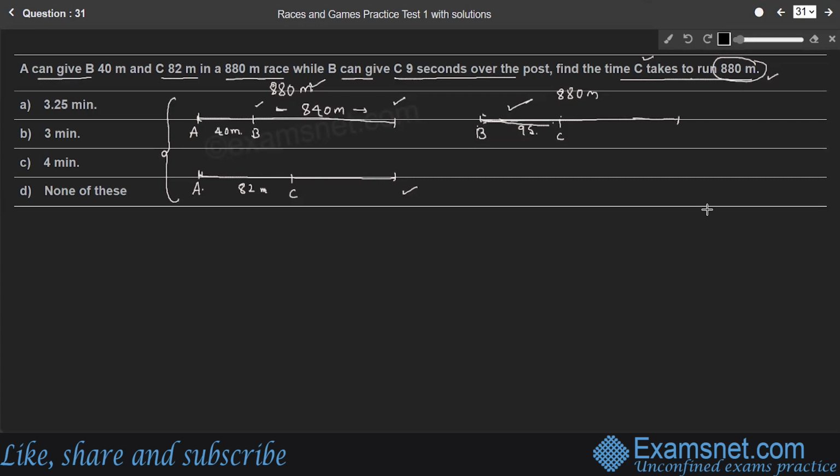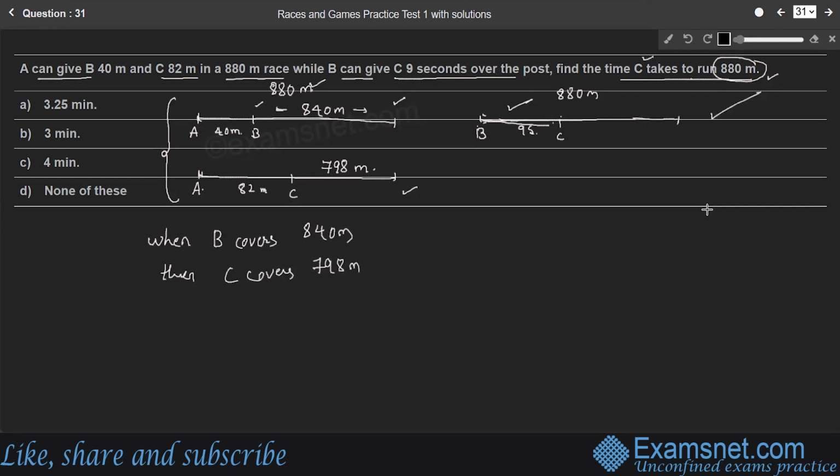So at the same time, C is ahead of A, right? So when B covers 840 meter of distance, C covers 880 minus 82, which is 798 meters of distance, right?